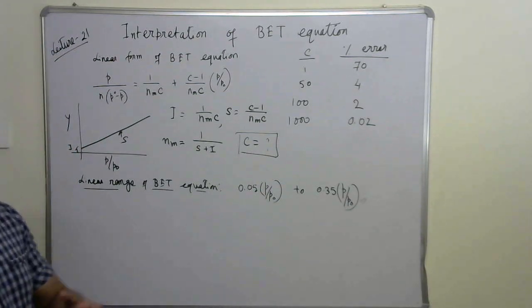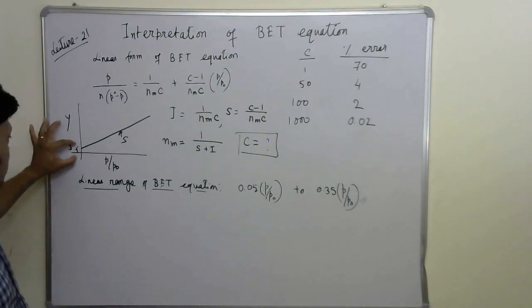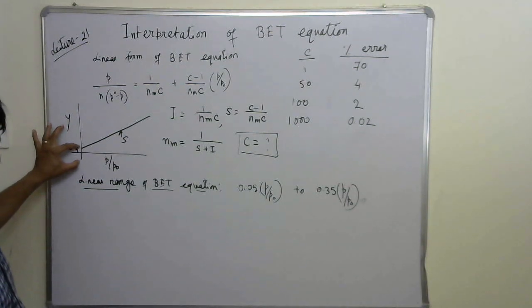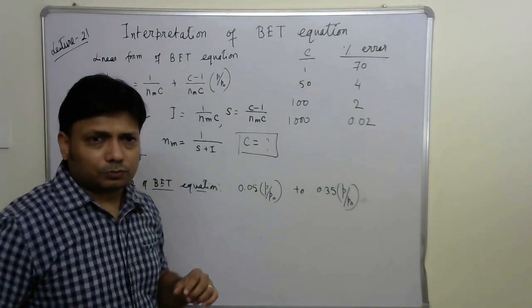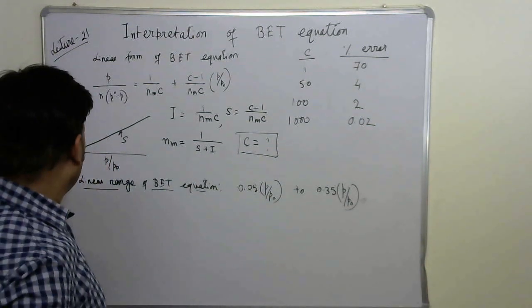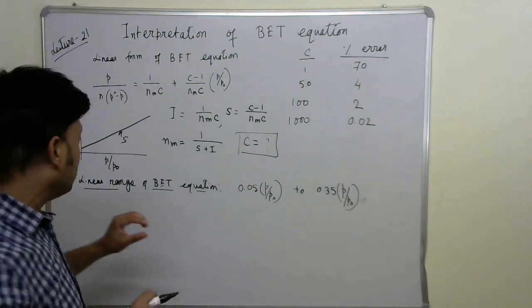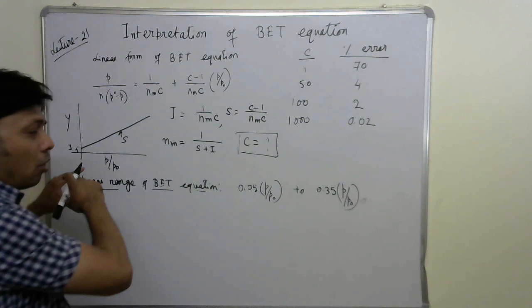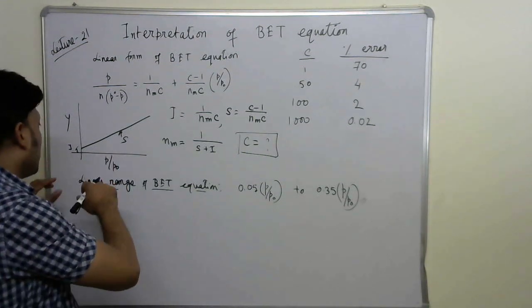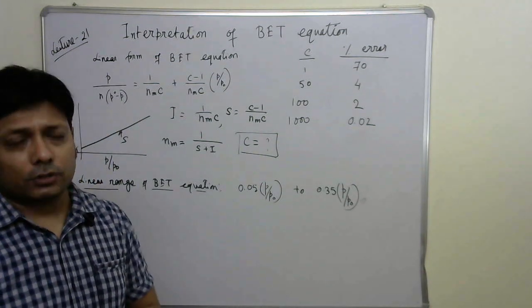Now two more things I need to say. The value of this intercept is small, so small that sometimes there is an approximation that this line is drawn with an assumption that it passes through the origin, and from that the surface area is determined.